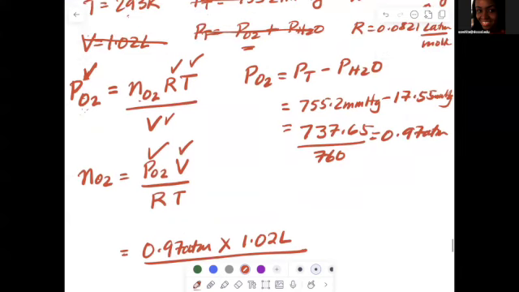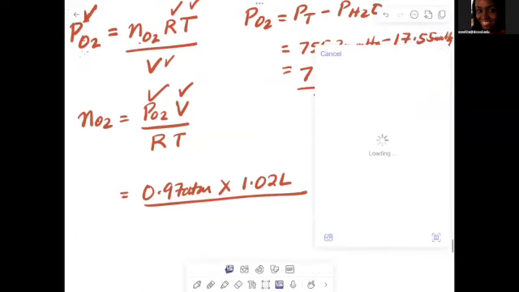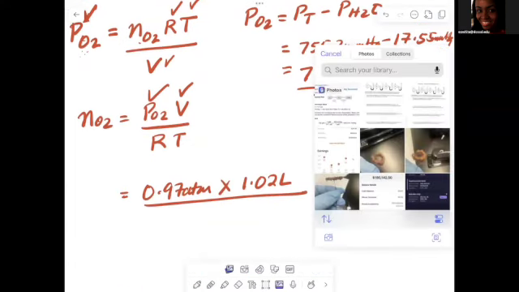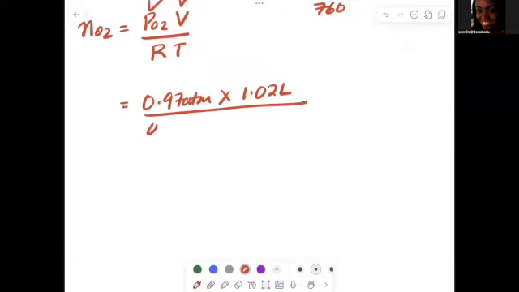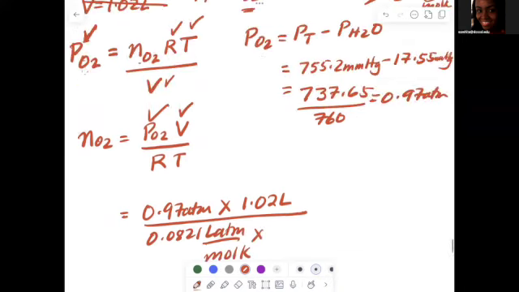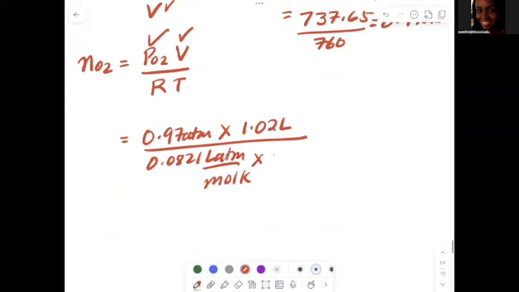Divided by R, which is 0.0821 liters times atmospheres over mole K, times what's my temperature? 293 Kelvin.